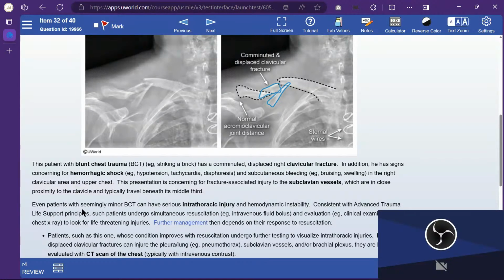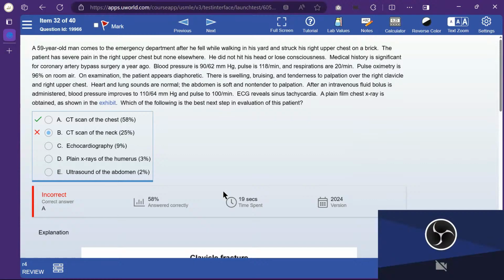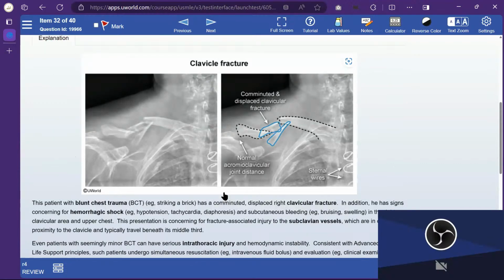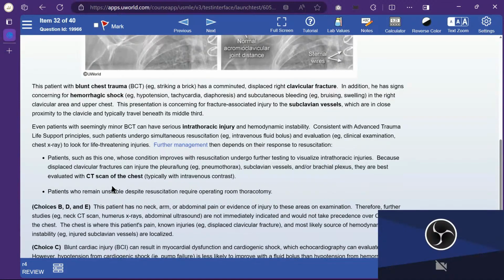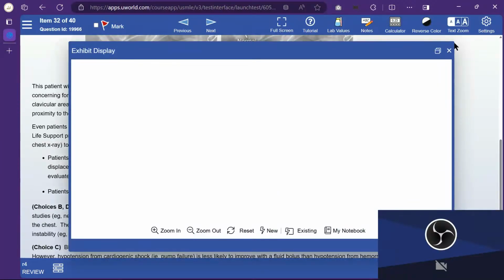Fracture-associated injury to the subclavian vessel is possible, so in a patient with clavicular fracture, look by doing a CT scan of the chest for injury of the subclavian vessel.